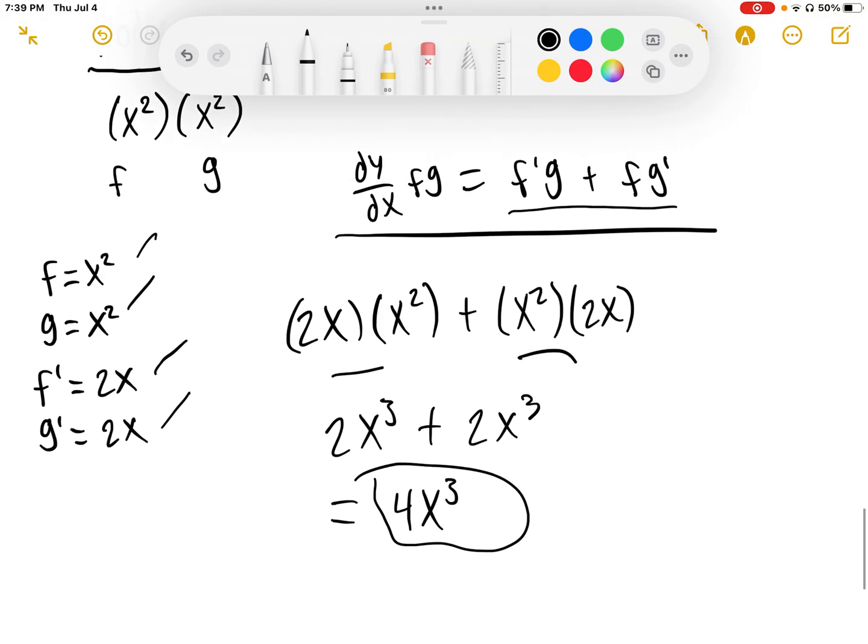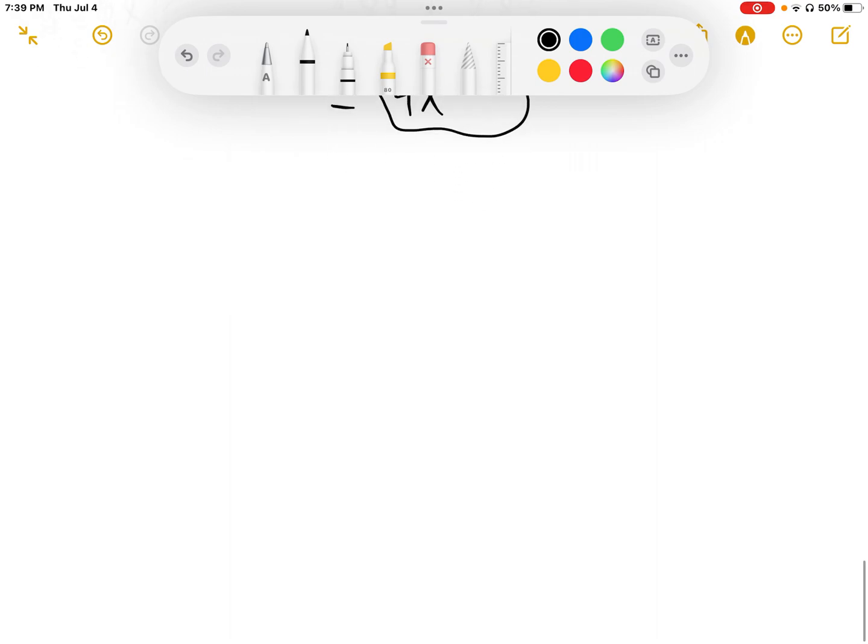And so if we want to do this again, I'll write the formula one more time. dy dx of fg equals f prime g plus fg prime.